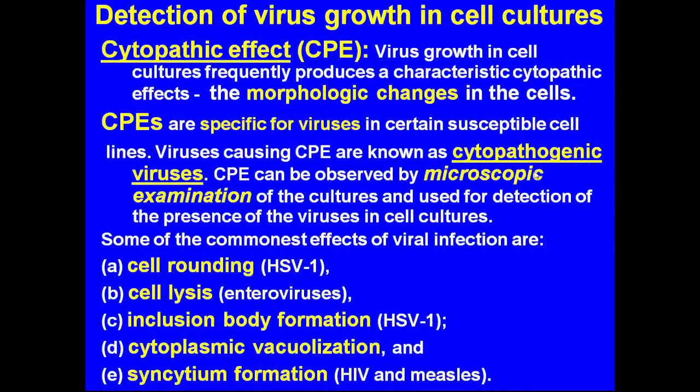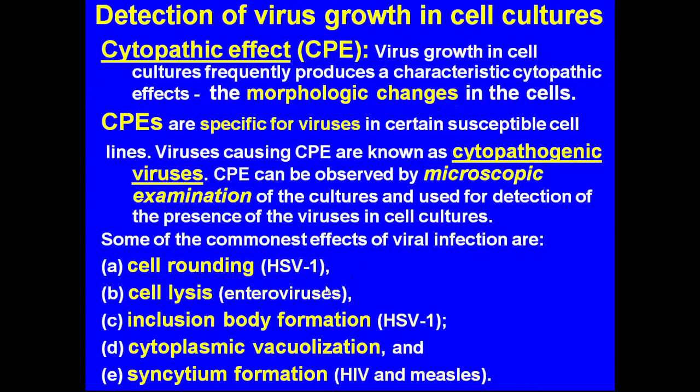So how can we detect the presence of the virus in the cell cultures? The basic idea is to check the cytopathic effect, because virus growth in the cell cultures frequently produces characteristic effects, changes in the morphology of the cells.